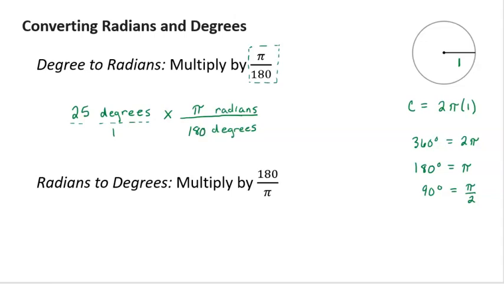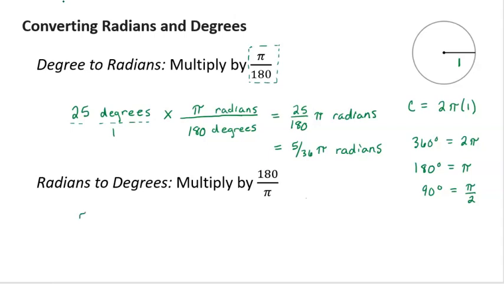Now from here, when I multiply, I get 25 over 180 pi radians. And if I reduce that down, that's going to be 5 over 36 pi, and that pi is off to the side, it's not underneath, radians.